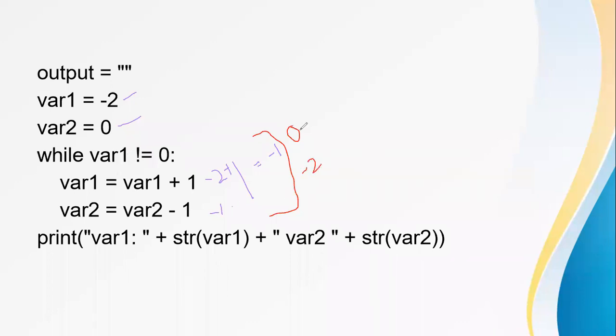It will check what variable 1 is. Variable 1 is 0, but it says to go through the loop only when variable 1 is not equal to 0. Now it's already 0. The loop will stop. Exit. In this exit condition, variable 1 is 0 and variable 2 is -2. That is the answer.